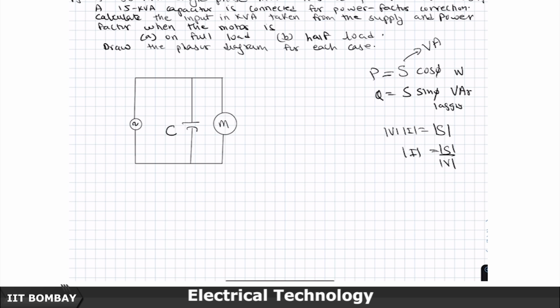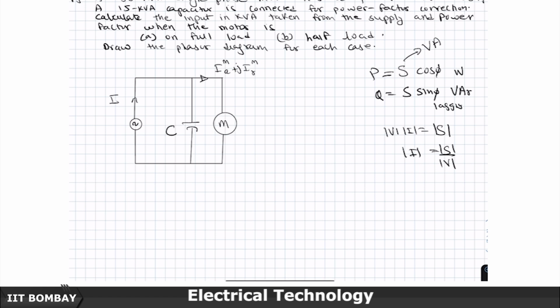Now, this load is drawing an active power component and a reactive power component, which is related to this particular motor. So, this is the current coming from the supply. Normally, this current is going to be equal to the motor current. But now, there should be a j here.